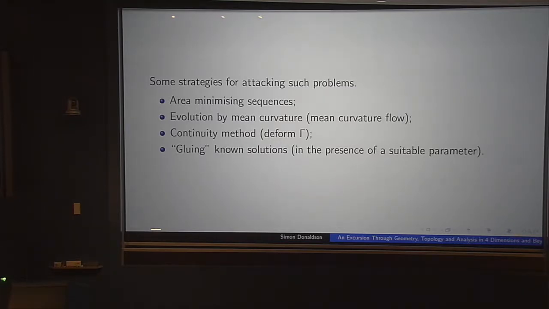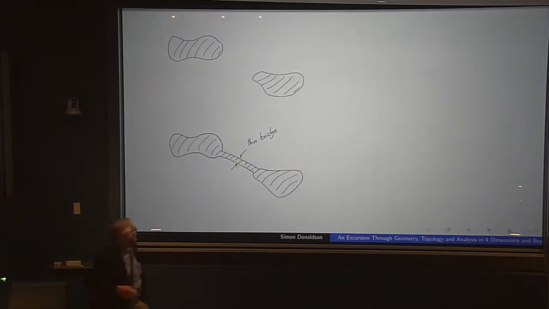Well, another approach, which will actually be the one most relevant for today, might be called gluing some known solutions. This is something that will apply in the presence of a suitable parameter. So let's say a bit more about this. This is what's called the bridge principle in the study of minimal surfaces. We take two known solutions, two minimal surfaces, and then we consider joining their boundaries by a very thin bridge, as shown.